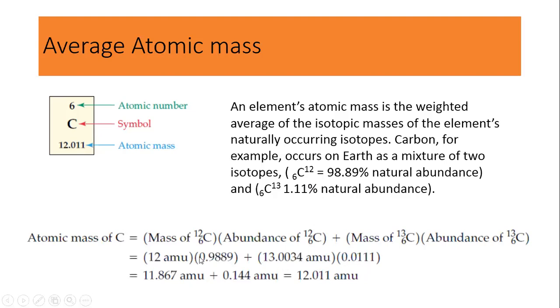If you solve this, multiply and then add, it will give you the value of 12.011, which is exactly what is written here. So here you can see the difference between the atomic mass and the average atomic mass. The average atomic mass is calculated by considering all the isotopes of the selected element present on the earth.